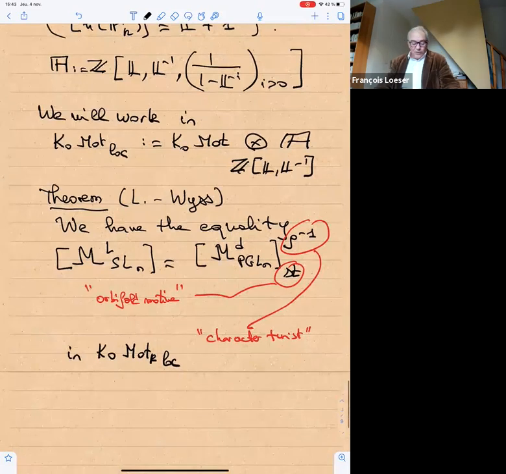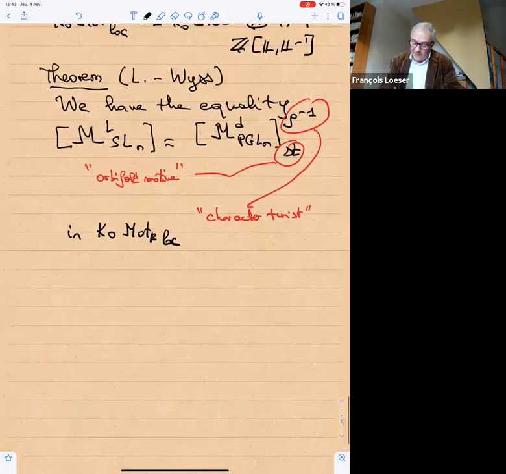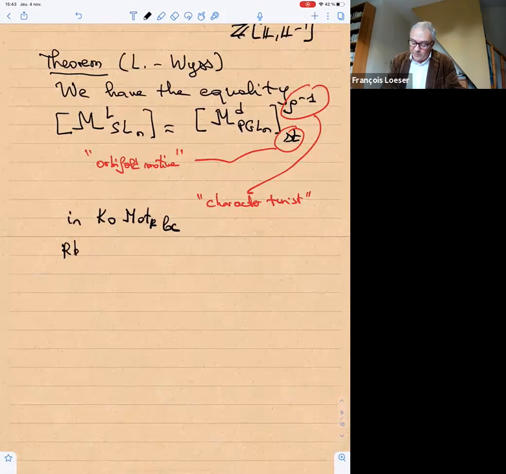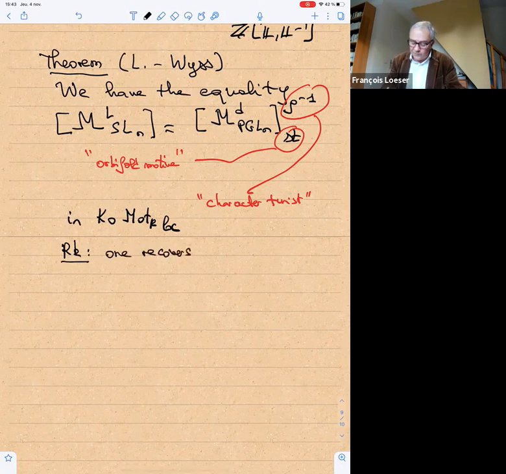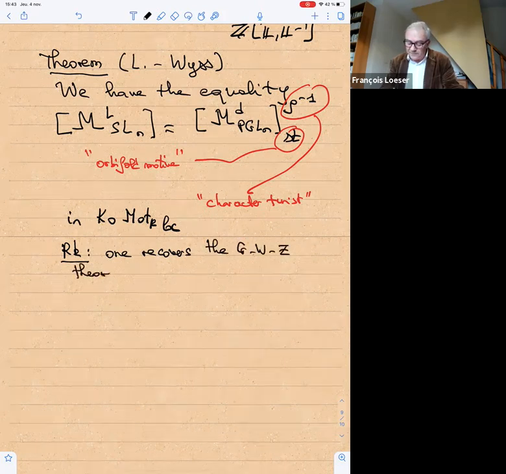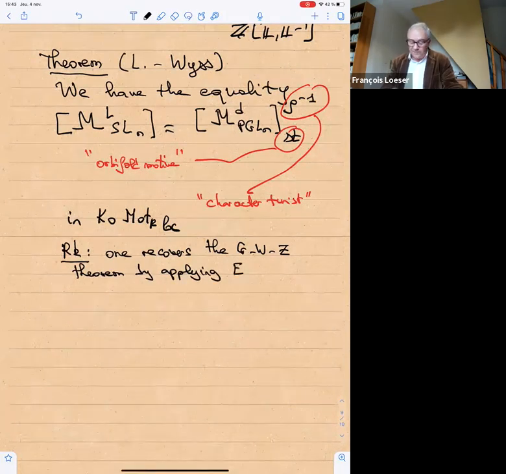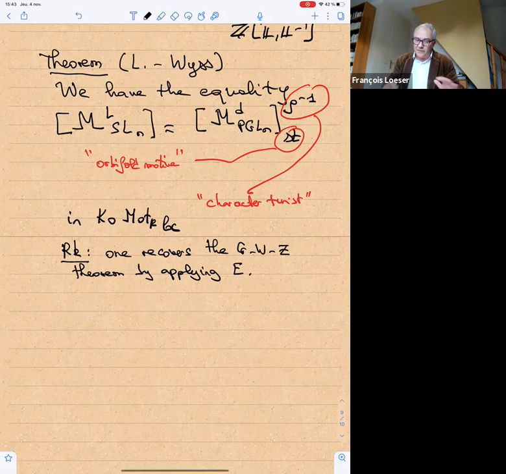Okay. So that's the statement. And of course, one recovers the result about polynomials by applying the morphism E, viewed as a morphism between rings.